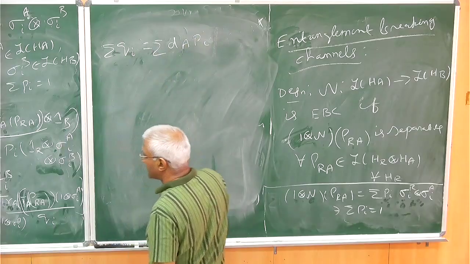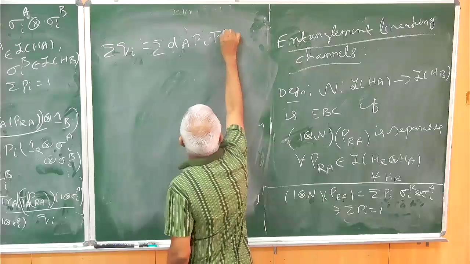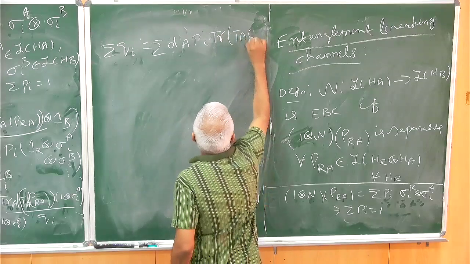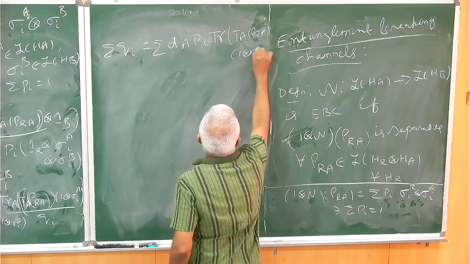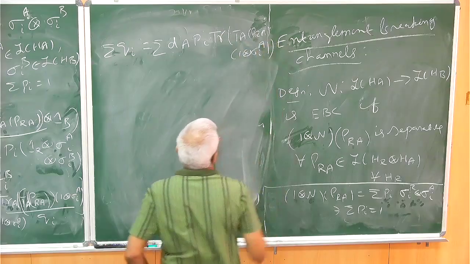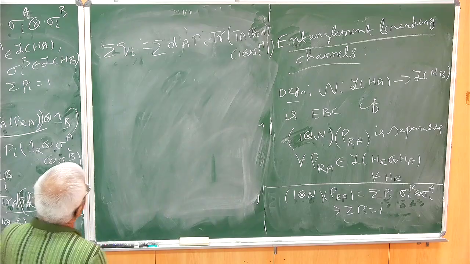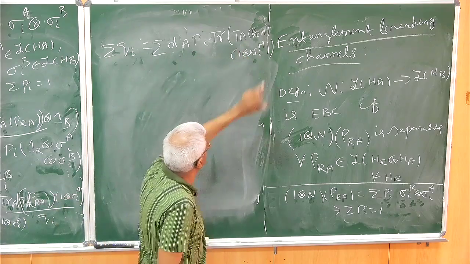Then there is trace of TA of rho RA into 1 tensor sigma Ai. We can take this Pi inside this, and there is no I here.